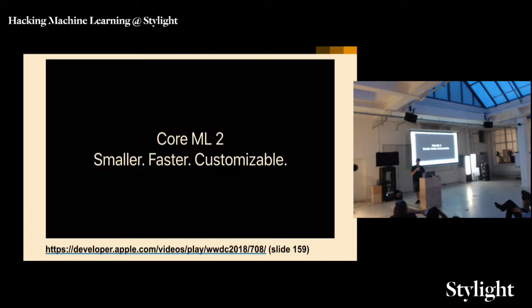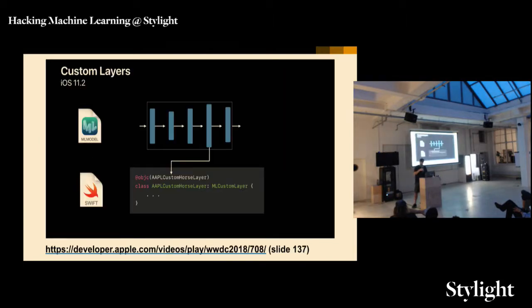And the customizability, this is also interesting. So with iOS 11.2, they came up with custom layers. So you have, for example, you define your model with TensorFlow and come up with some crazy idea where you need external code for this.